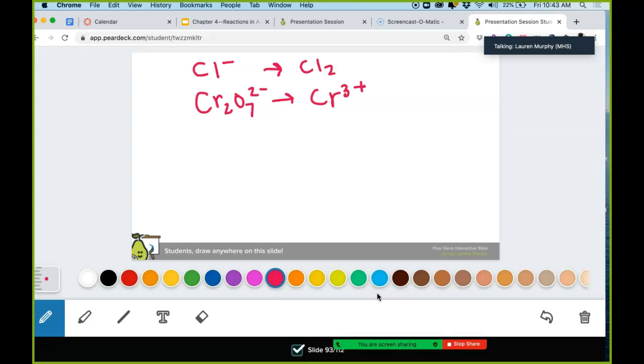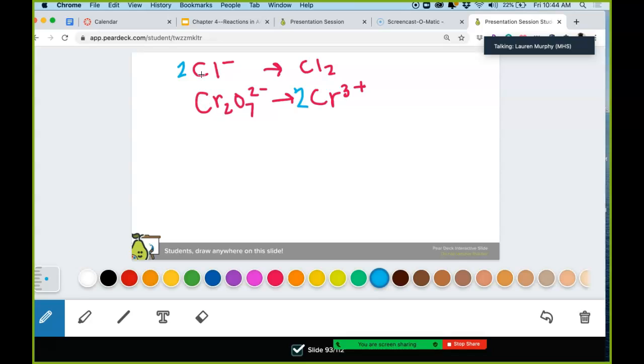So the first thing you do is you balance all elements other than oxygens and hydrogens. In this case, I have 2 chlorines right here, so I have to put a 2 right here. I have 2 chromiums right here, so I have to put a 2 right here. The next thing I do is I balance oxygens.